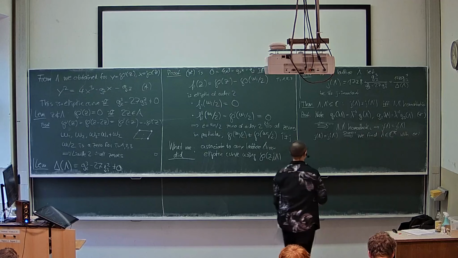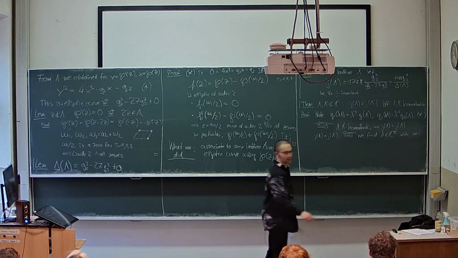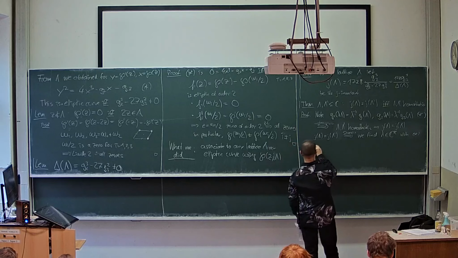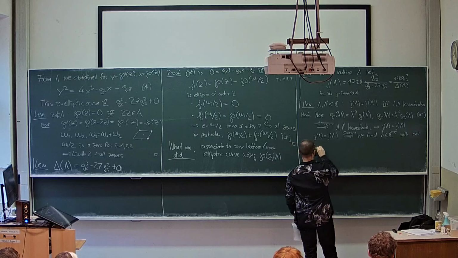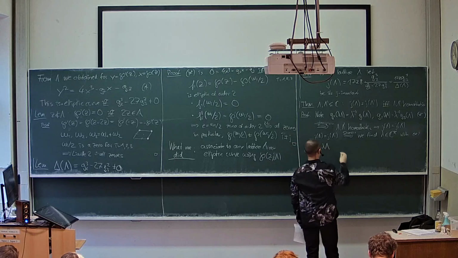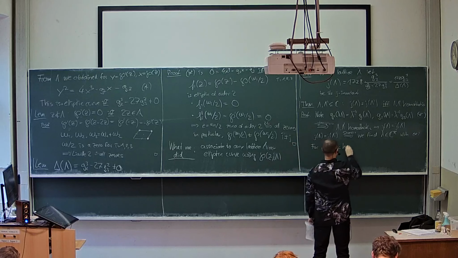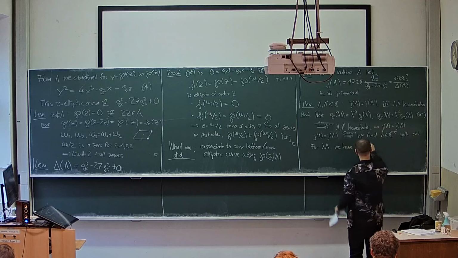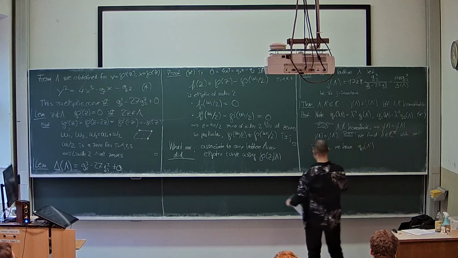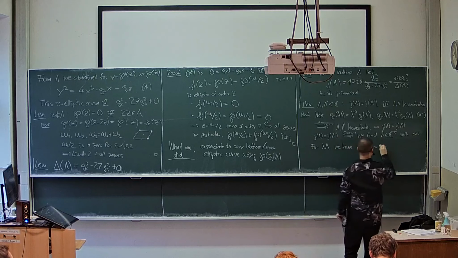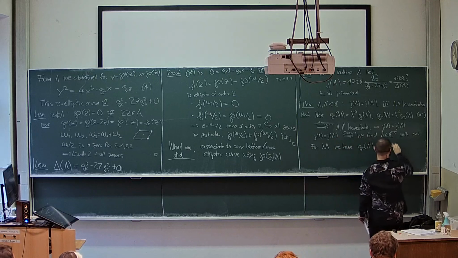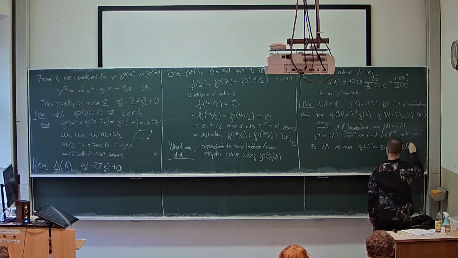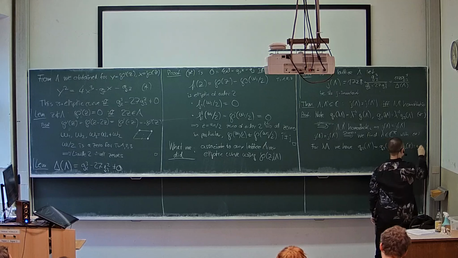Now I claim that this lambda is precisely the scaling factor we need. This follows from the following. For the scaled lattice, the values of G2 and G3 agree, simply by construction.